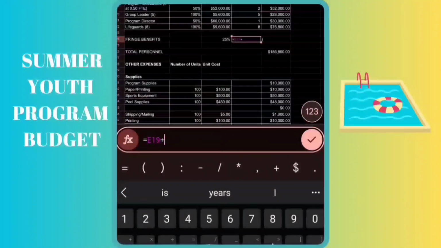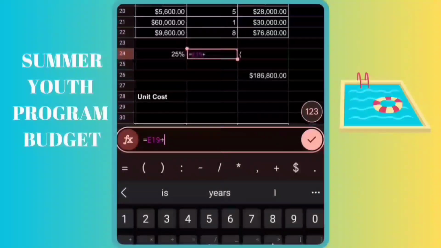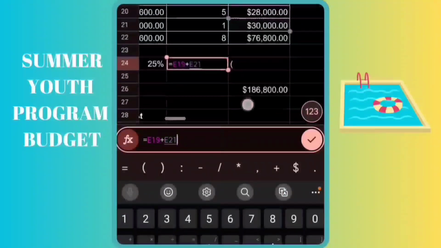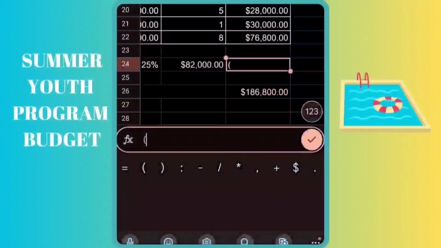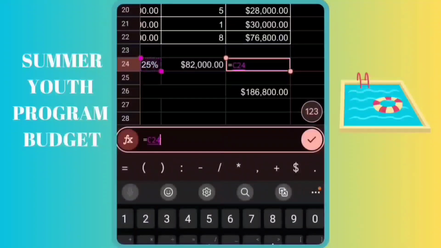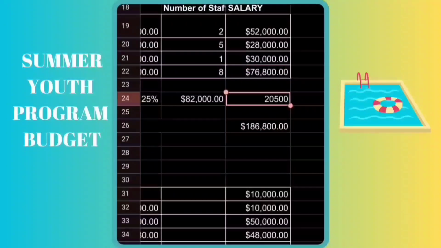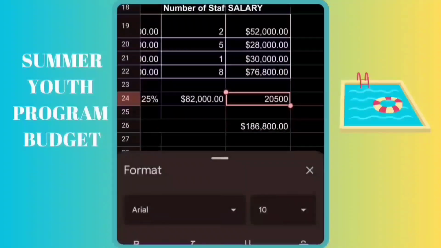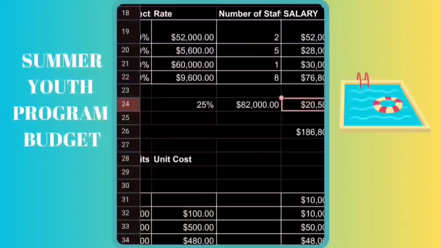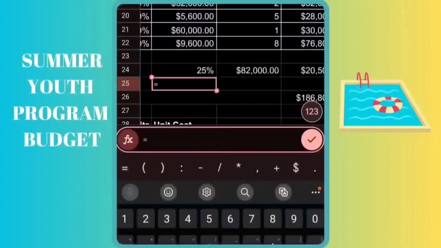I'm going to add the two cells together for the full-time staff. So now their salaries together are $82,000. 25% of that, C24 times D24 is $20,500. We're going to format that as currency. Now we're going to look at the other two types of staff.